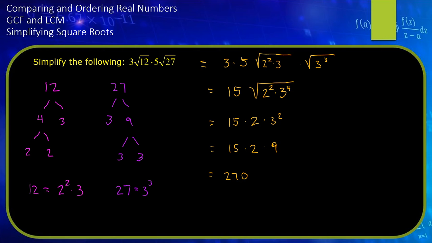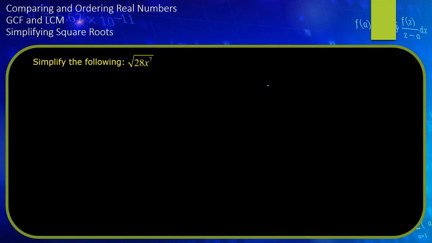Now let's throw some variables into the mix. So for this, I'm going to handle the exponents much like I handled some of the numbers in the previous one. I'm also going to handle the coefficient of 28 in the same way I handled the numbers as well.